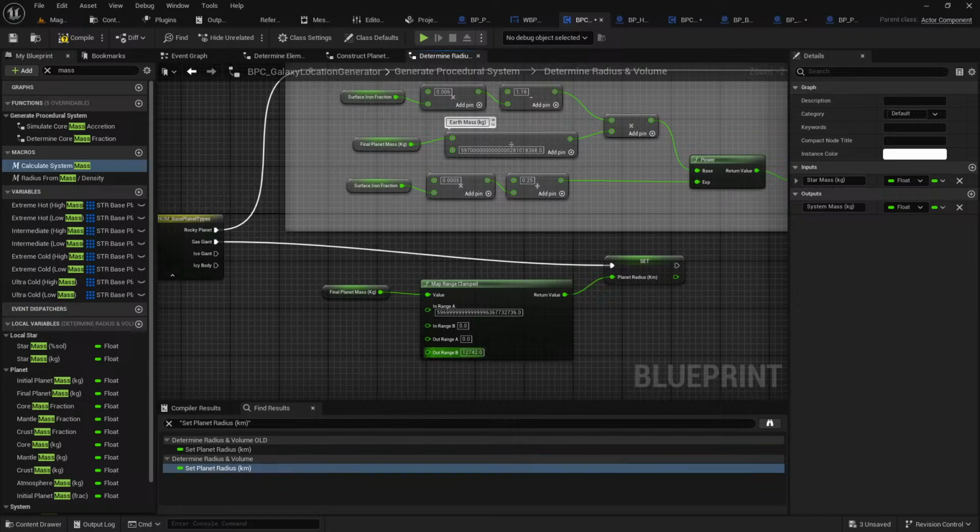Oh, hang on. No, that's Jupiter, isn't it? Not Earth. So that's 69,911 times 2. That's our maximum radius. And then 6. That's our minimum radius.